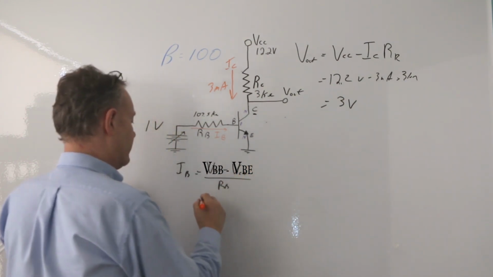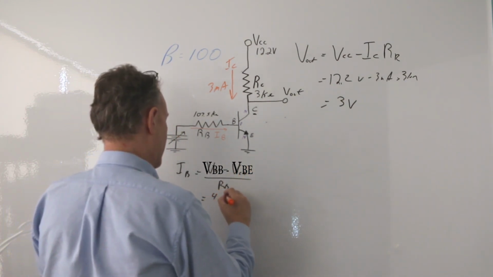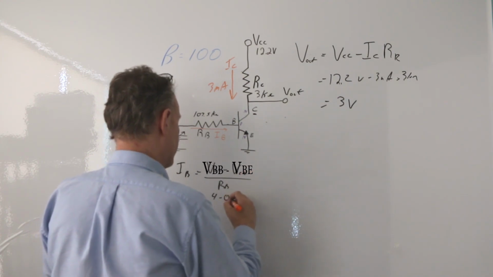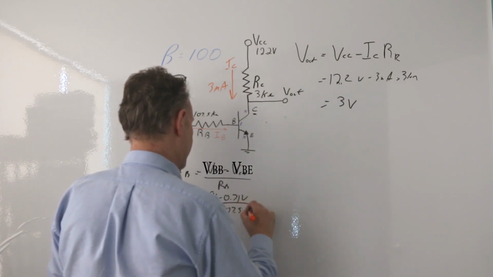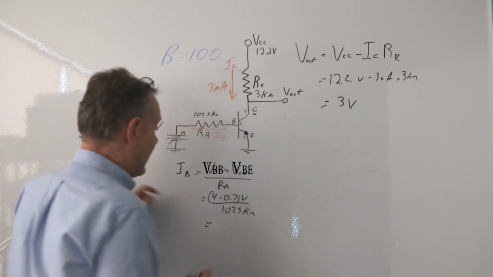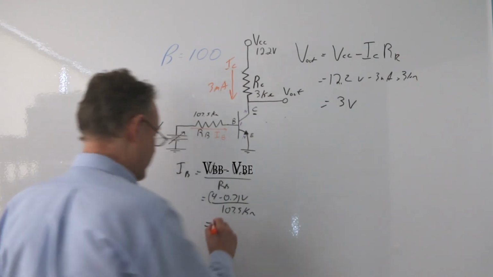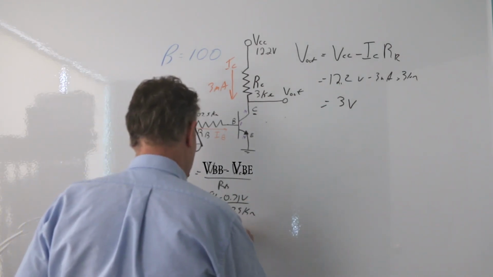We know that's 0.2 volts. So I'm going to do 0.7 volts divided by 107.5 kilo ohms, and that is going to be 2.8 microamps.